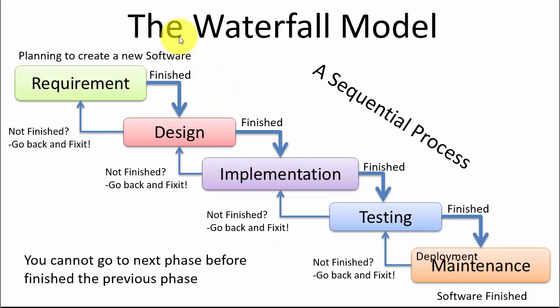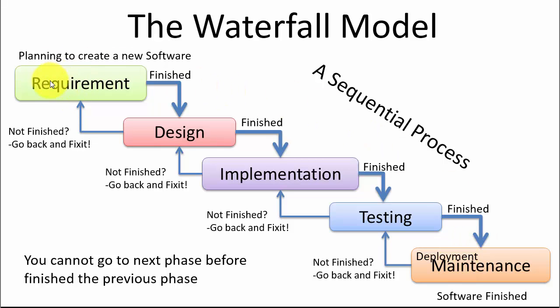Here we see the waterfall process or waterfall model, and here you have the different phases I was talking about: requirements, design, implementation, testing, and deployment and maintenance. All these need to go in a sequence in the waterfall process.